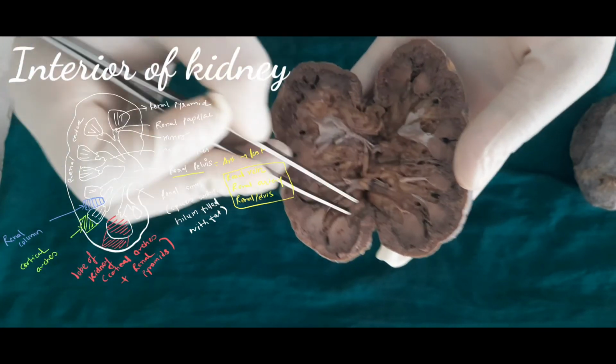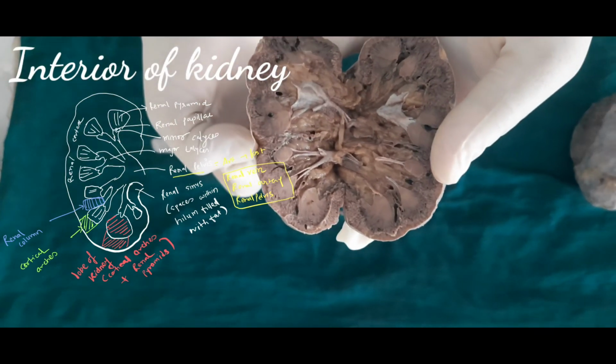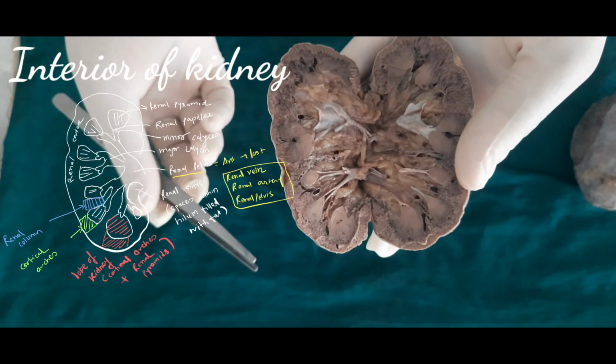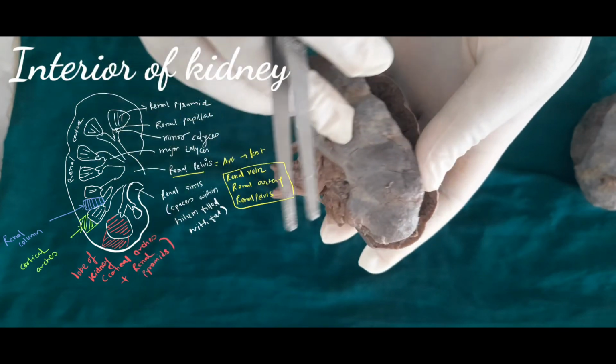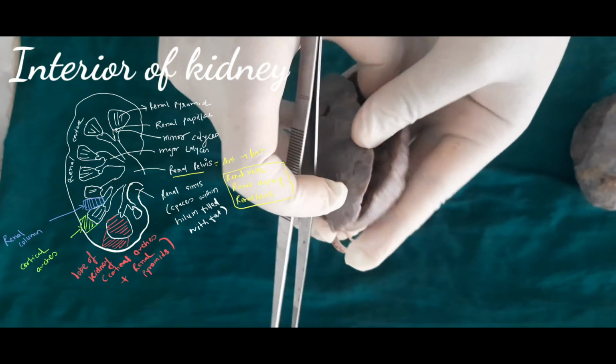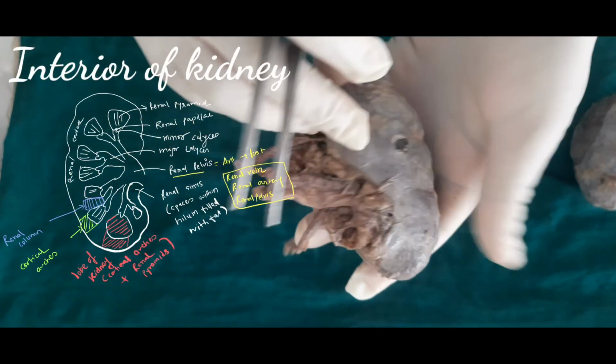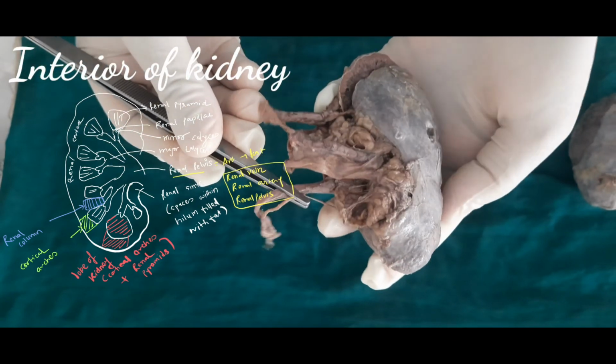The renal sinus is a space which extends from the hilum. It contains the structures of the hilum. So this is the fat present over the hilum, known as the renal sinus. Yes, this fat. And this is the renal pelvis.